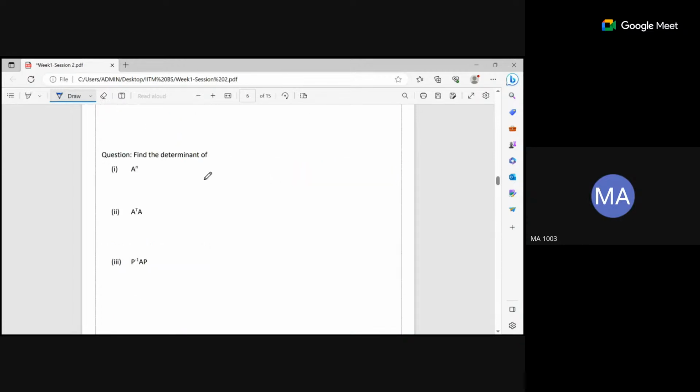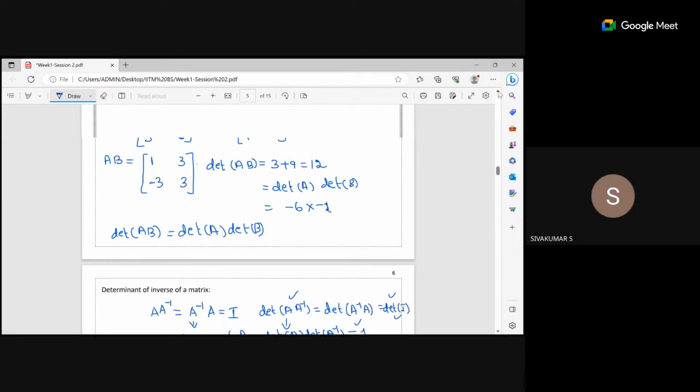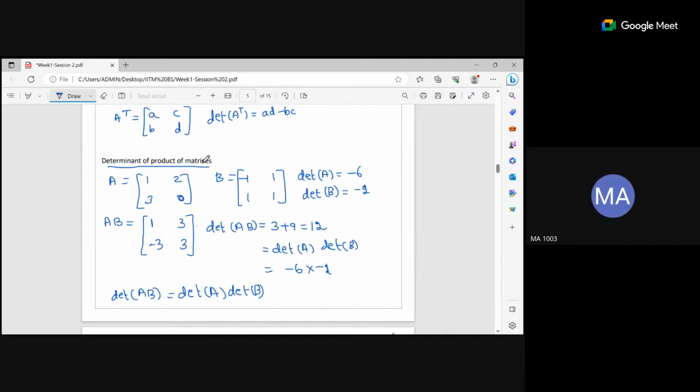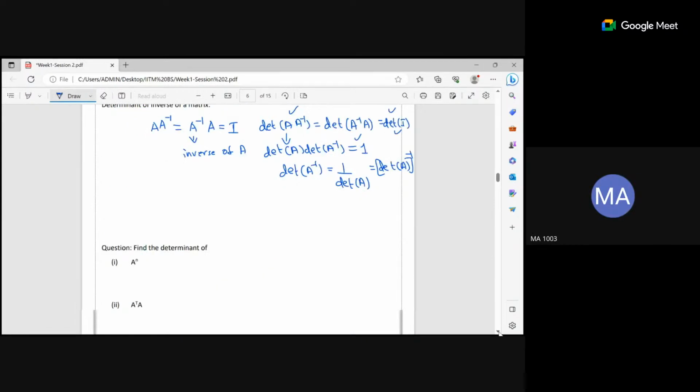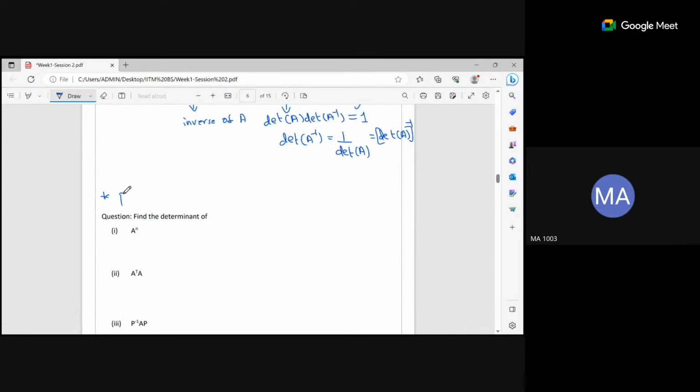So here we have a few matrices. Using the properties we have seen above, can you tell how to find the determinant of A power n? This will be the determinant of A multiplied to itself n times. Here, determinant of a product of matrices is not just for two matrices.